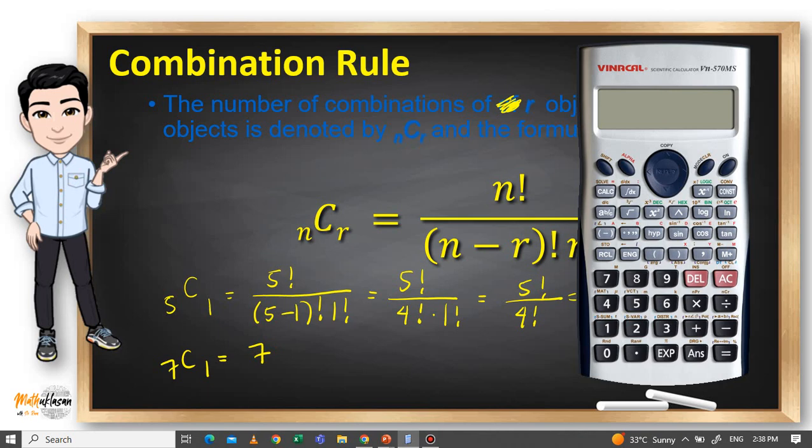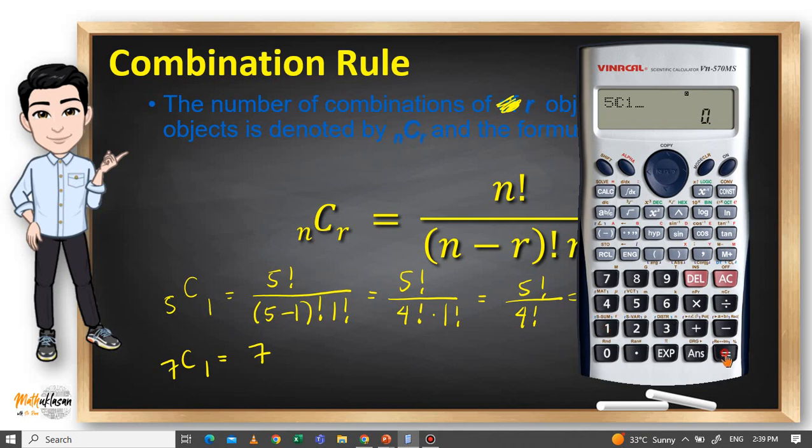The number of combinations can also be easily performed using a calculator. All you have to do is look for the nCr option on your calculator. In my case, the nCr function is above the division operation. So say I'm looking for 5C1, I just need to press 5, then shift to choose the C or the nCr option, then 1.